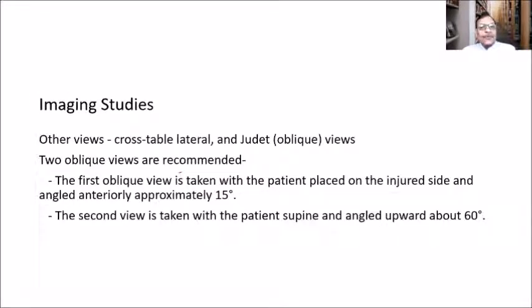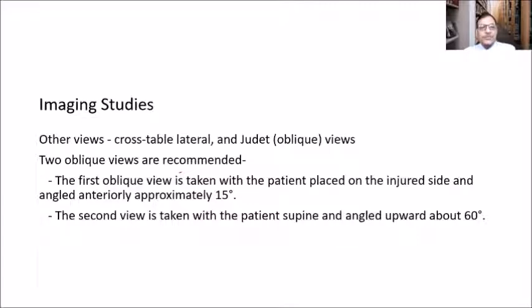Now, there could be a cross-table lateral view that we were talking about, the lateral view. And there could be an oblique view, which is called Judet oblique views. The first oblique view is taken with the patient placed on the injured side and the angle anteriorly about 15 degrees.